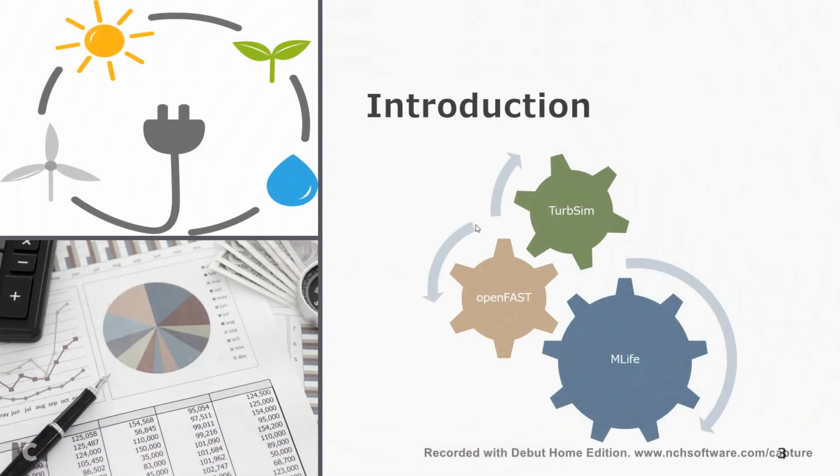So, kind of a slight introduction. Over the last 10 years, there's been a huge growth in advancing wind technologies, and the National Renewable Energy Laboratory, or NREL, they have produced some great software, and 3 of those packages is TurbSim, which is a turbulent wind simulator.